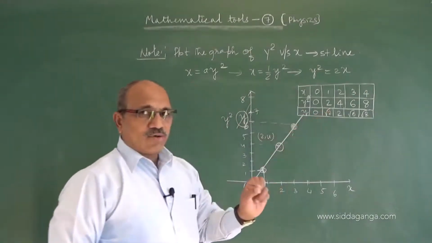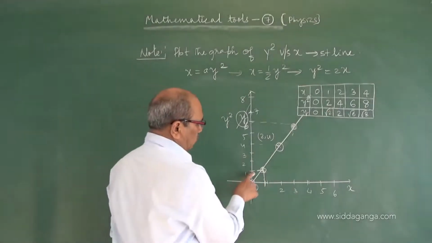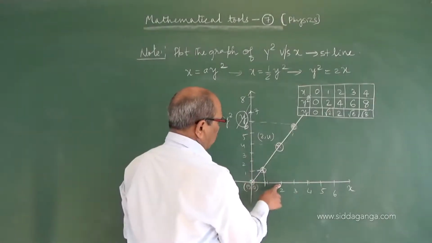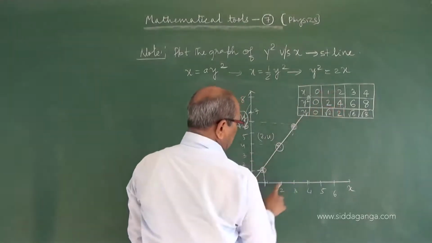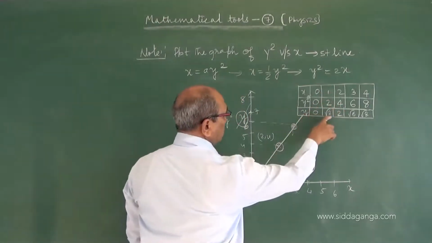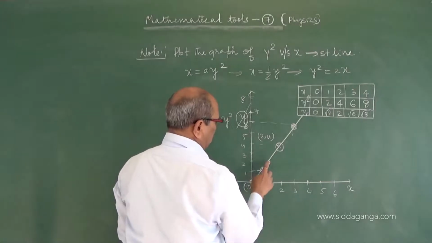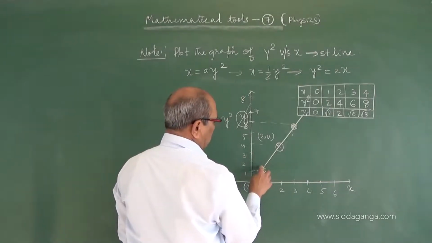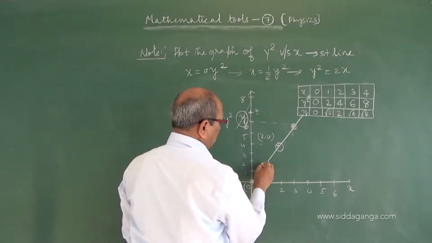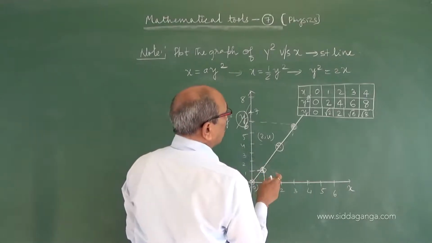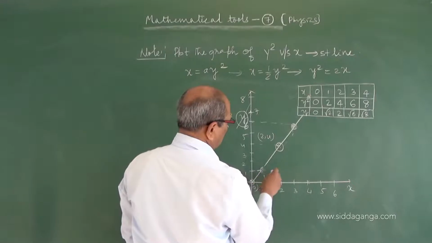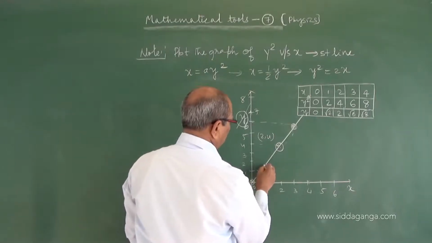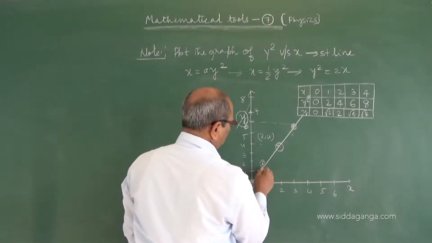But root 2 is around 1.4. When x is 1, you have to get root 2, which is 1.4 something. So y is 1.4 something here. So it is 1.4.